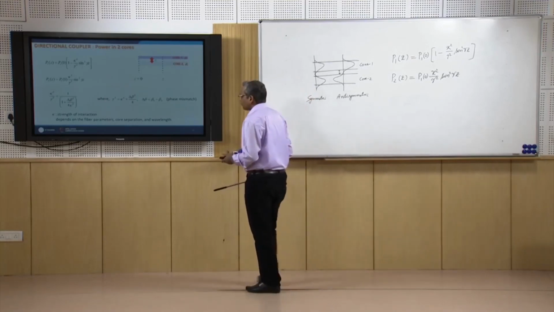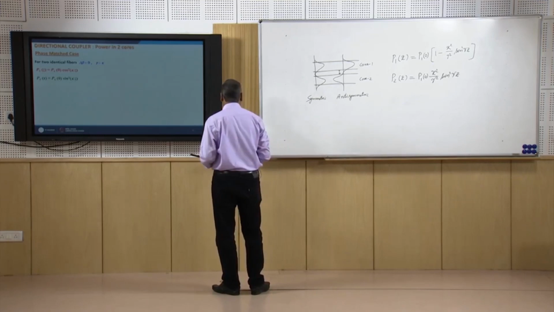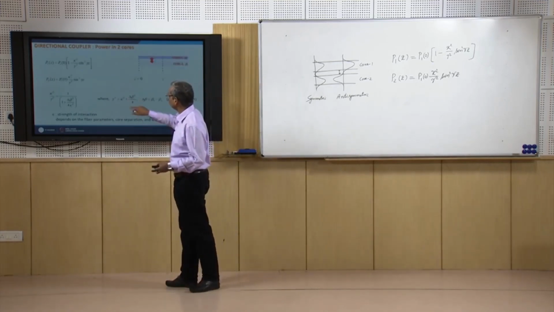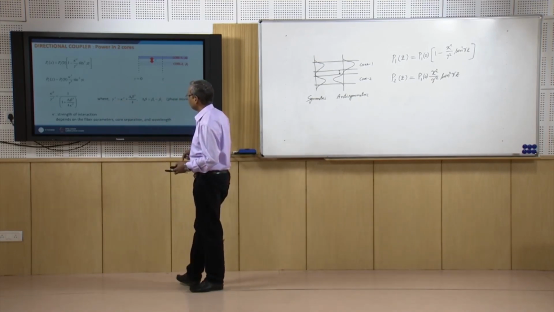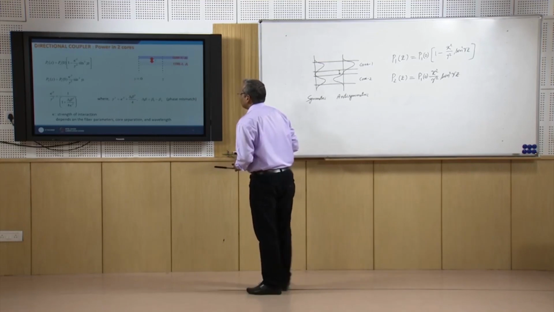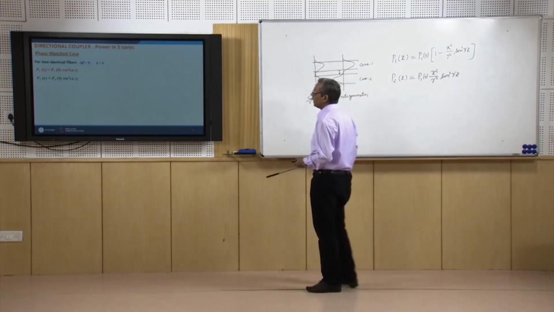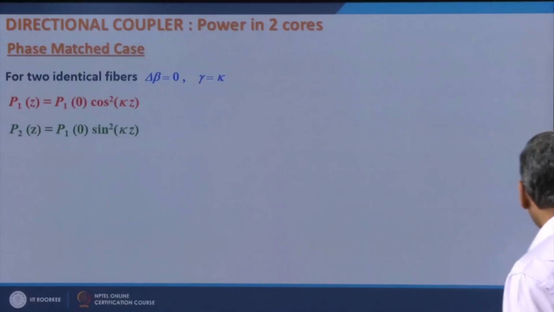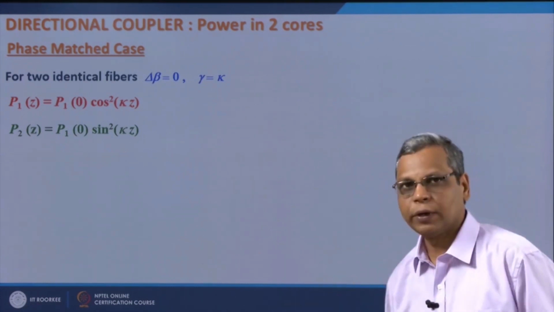So, now if delta beta is equal to 0, then again if I go back here, gamma is equal to kappa. If gamma is equal to kappa, then I will simply have P1(z) as P10 cosine square kappa z and P2(z) is equal to P10 sine square kappa z.